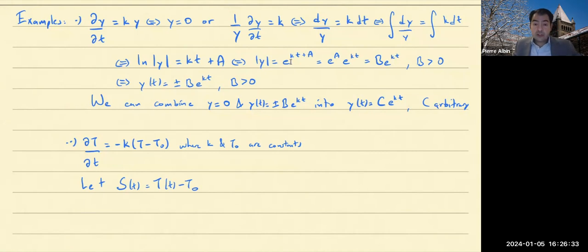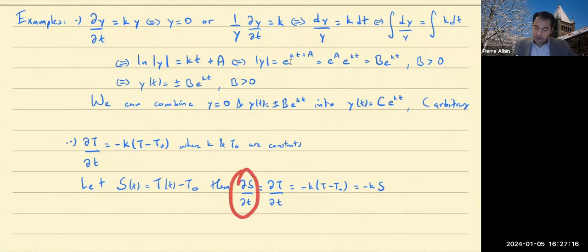What is its derivative with respect to time? The derivative of capital S with respect to time is just capital T minus some constant, so the derivative doesn't notice that constant. It's the same as the derivative of capital T with respect to lowercase t. And we were told that that was equal to minus k times (T minus T naught). But by definition, capital S is capital T minus capital T naught, so this is just equal to minus kS.